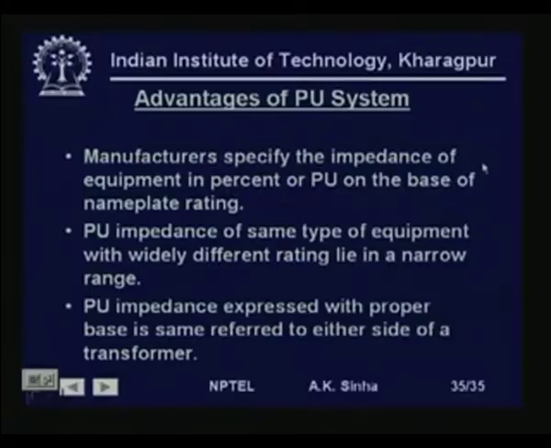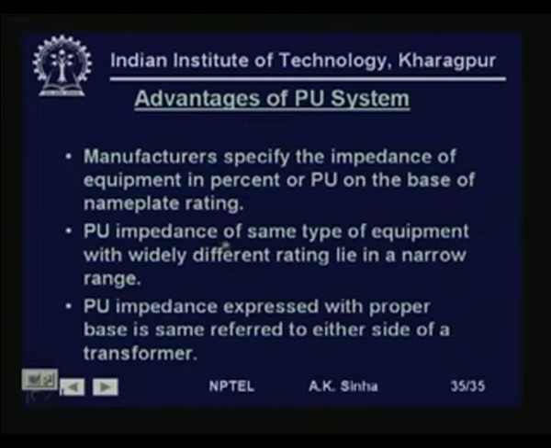Similarly, for generator G2 at 200 MVA and its rated voltage, the reactance was given. We had to convert them to a single base for our system, but most manufacturers will provide the impedance of the equipment in per unit or percent value. If you multiply per unit by 100, you get the percent value. So, we know the manufacturers will provide it in this form.